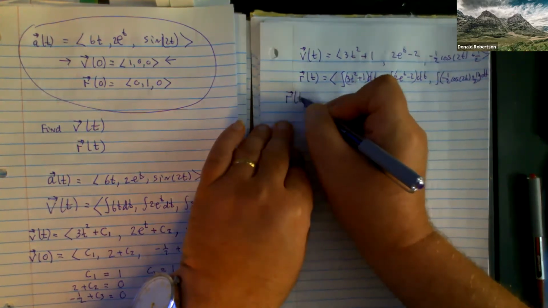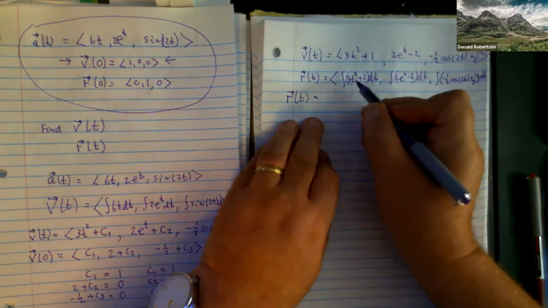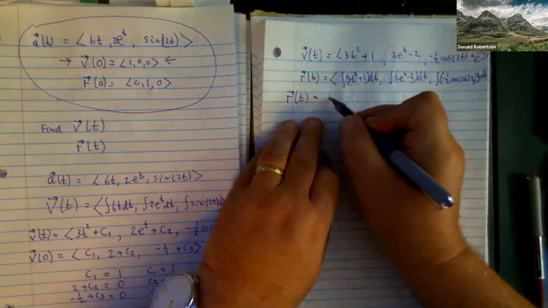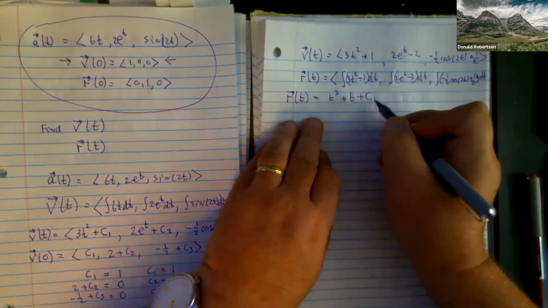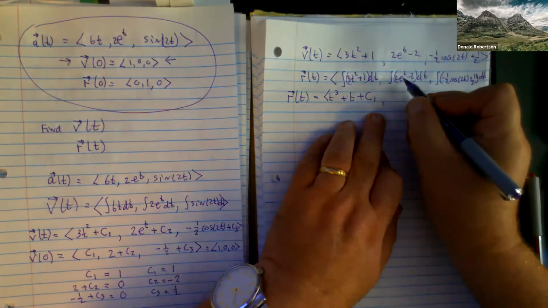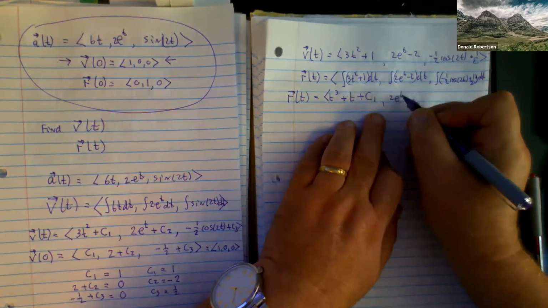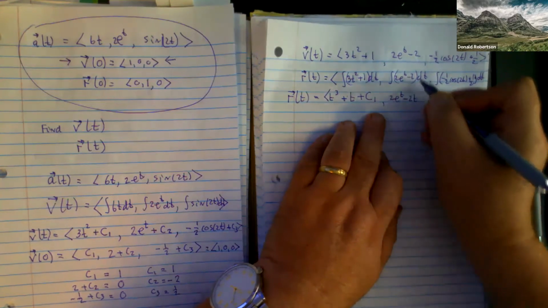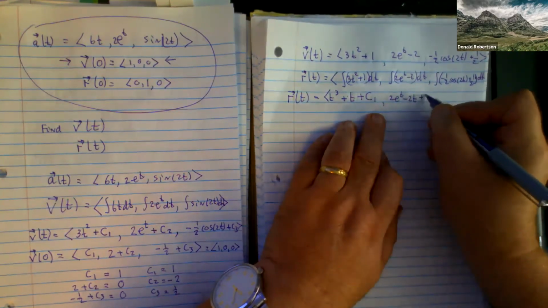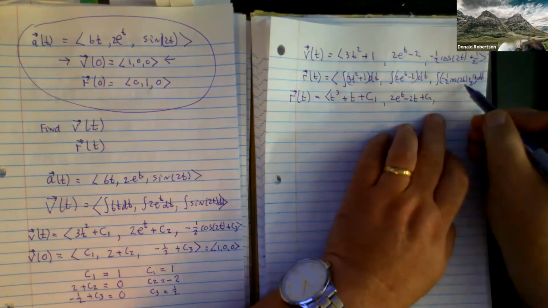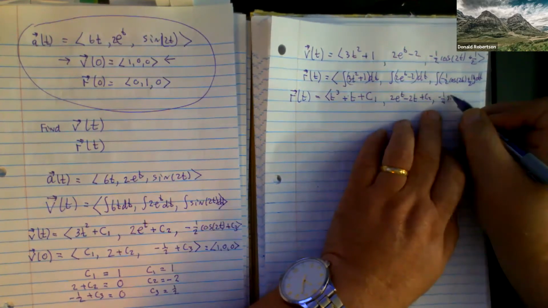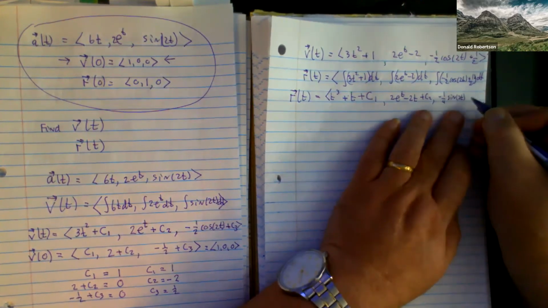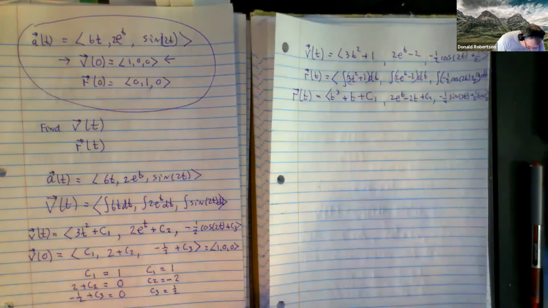So the position, the space curve vector: add 1 to the power, divide by the new power, gets me t cubed; integrate 1, you get t, plus an arbitrary constant, which I'll call C1 again. This one here gets you 2e to the t, take away 2t, because that's the integral of -2, plus an arbitrary constant. Cosine gets you a sine, another half, so you're going to get -1/4 of the sine of 2t, plus a half t, plus a C3.